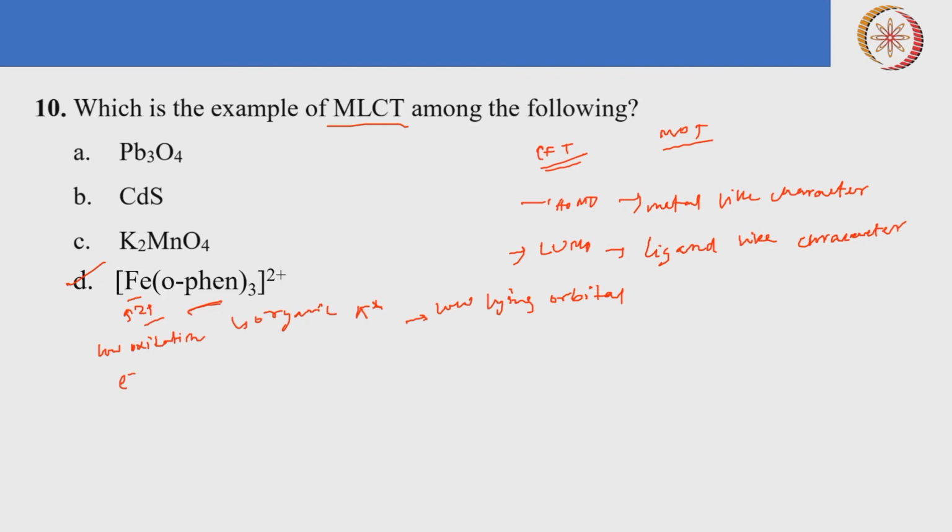As it is a low oxidation state, it can transfer an electron to the ligand pi star orbital. So you can see the metal to ligand charge transfer, because all the other options are inorganic compounds, and only in this case can metal to ligand charge transfer be possible.